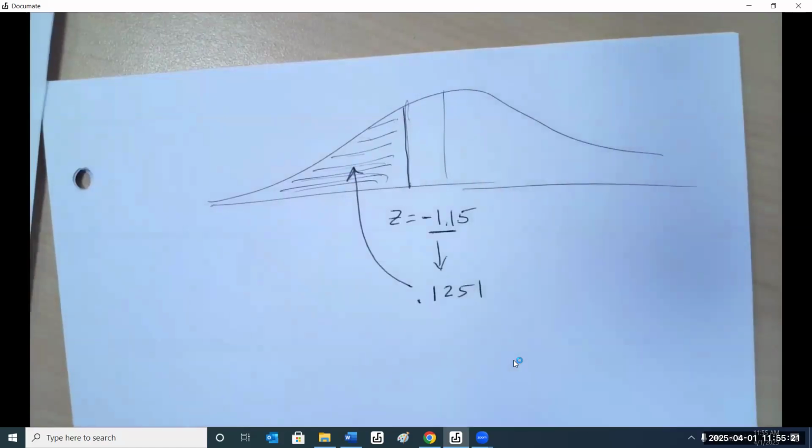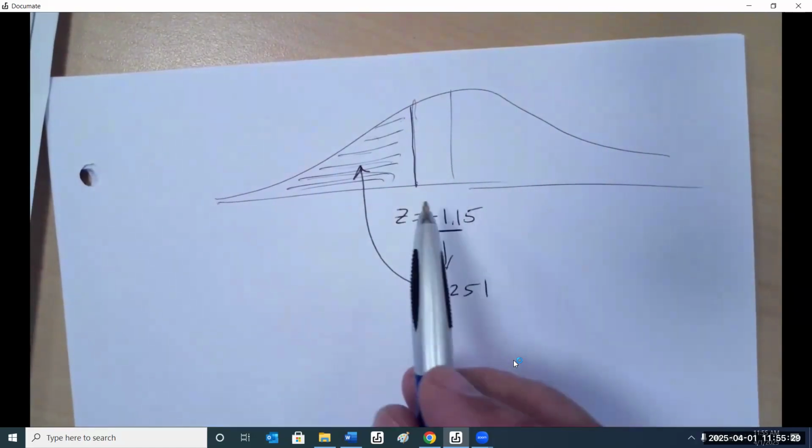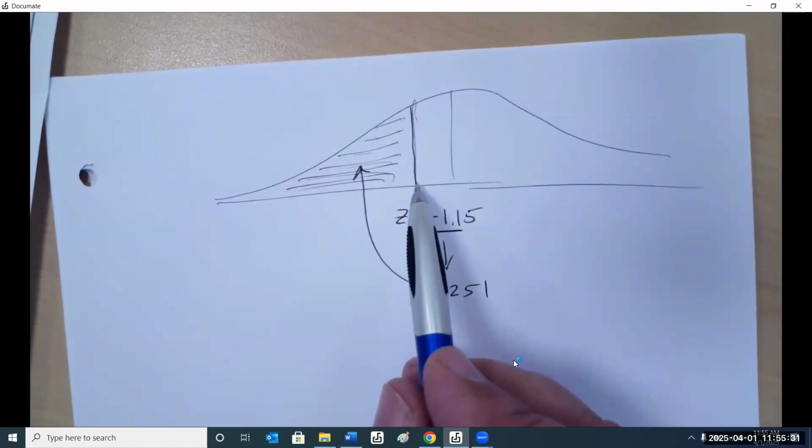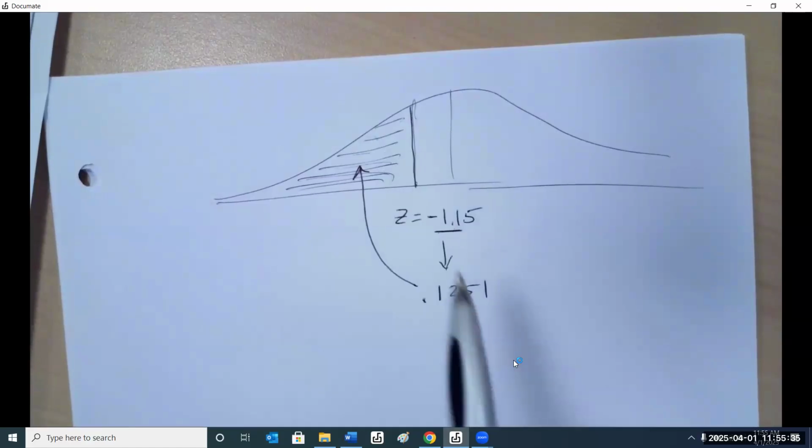That's this area of that curve right there. So the probability of getting a number below negative 1.15 is 0.1251.